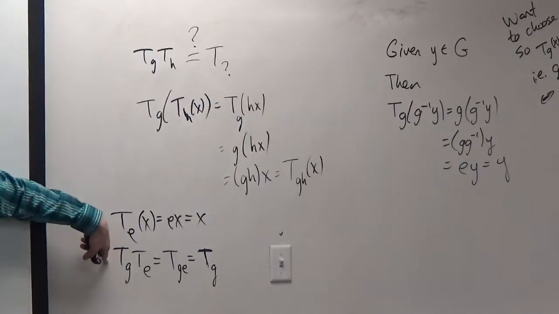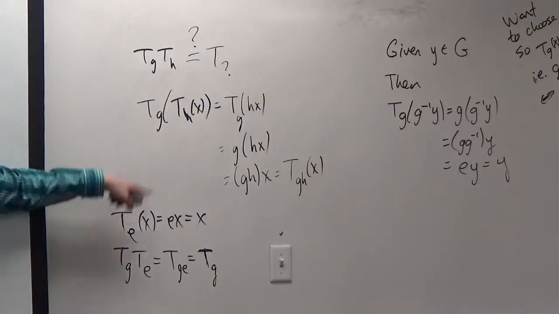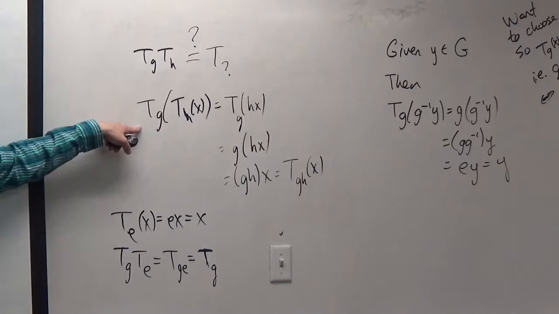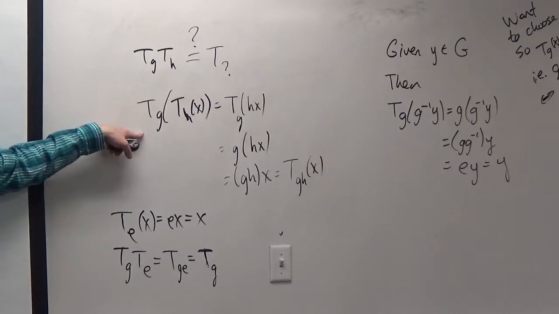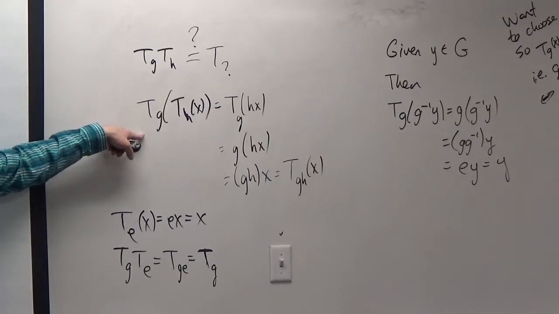I don't want to put the x's here. These are the functions themselves. These are their outputs. We don't always make such a subtle distinction in most math classes. Technically, it is important to make. It usually doesn't cause confusion in most classes.